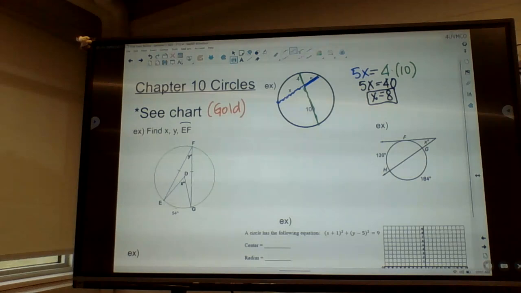So I can do M plus M plus 54 equals 360. So I can move that 54 over and divide by 2. So we find out the measure of that arc EF would be 153 degrees.